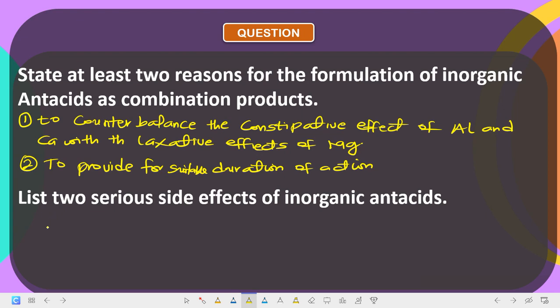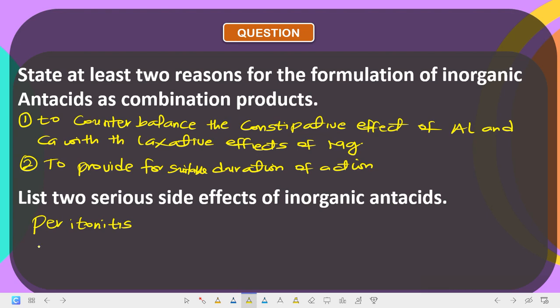Now list 2 serious side effects of inorganic antacids. What are the serious side effects that we know? We have peritonitis, which is inflammation of the membrane lining the abdominal wall and covering the abdominal organs.